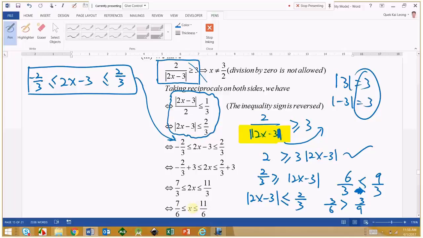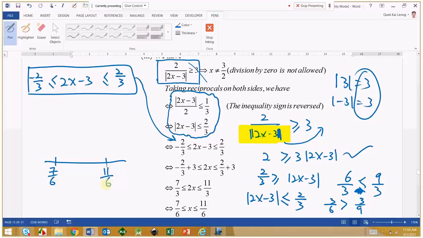For a fraction, we always check for divide by 0. Anything divided by 0 is undefined in maths. So my x is between 7 over 6 and 11 over 6.